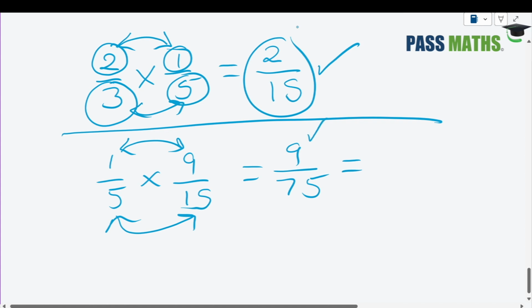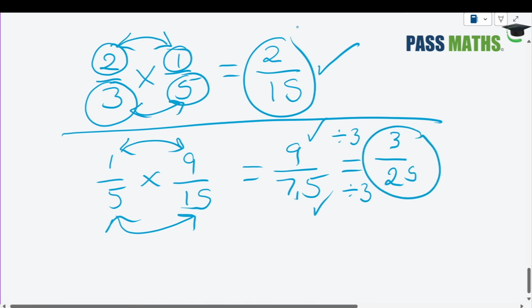Top number is 9, denominator is 75. I can clearly see 3 goes into both. So divide by 3, which is 3 over, how many 3s make 75? 3 times 2 is 6, 1 left over, 3 times 5 is 15. The answer is 3 over 15.